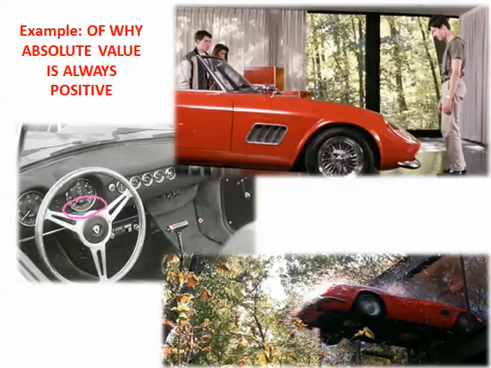Well, what happens? It doesn't matter if you go in reverse or if you go forward. You're still traveling a distance. You're still traveling so many miles, whether you go forward or back. That's why it's always positive. And when he finds out what happens, boom, he kicks the car and off it goes off its block and out the window.